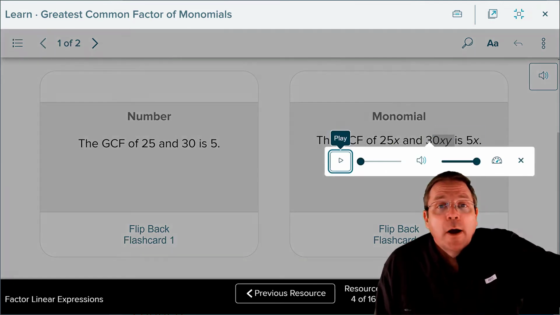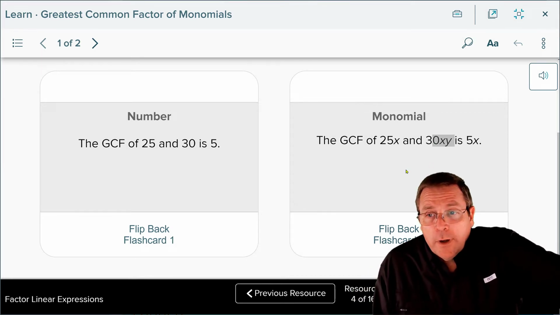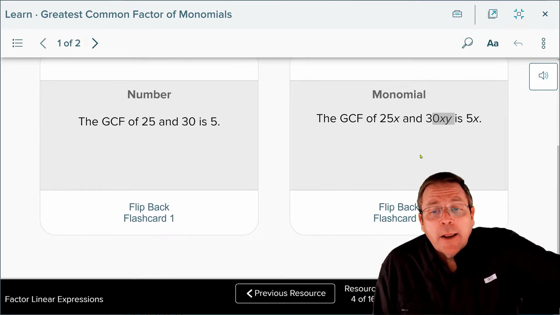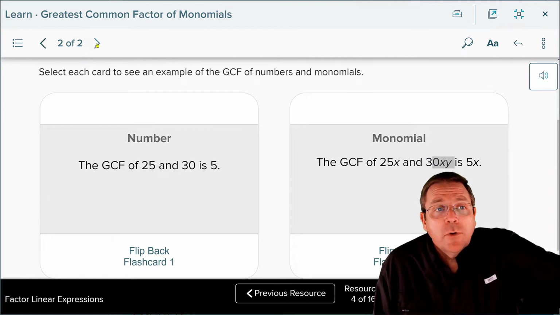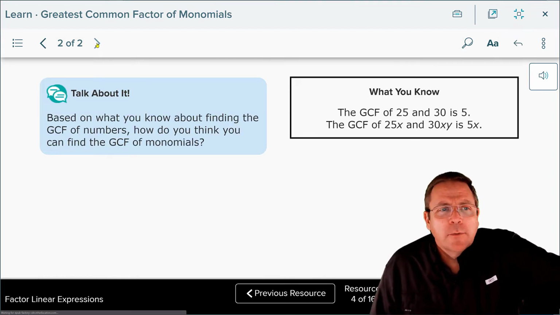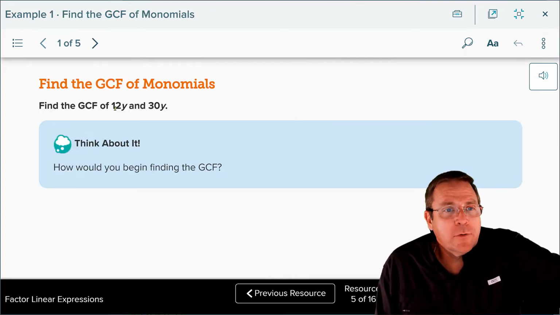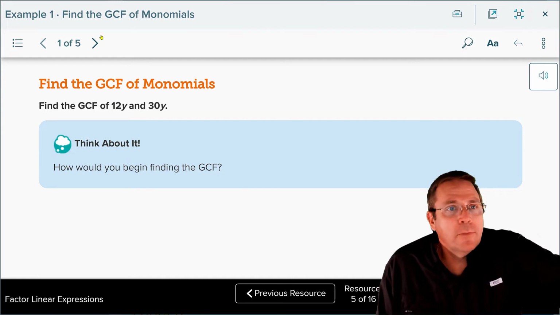I know this one is a little fuzzy to you, but we're going to go through enough of them in our lesson today that you're going to get a good solid understanding of them. So let's find the greatest common factor of 12y and 30y.